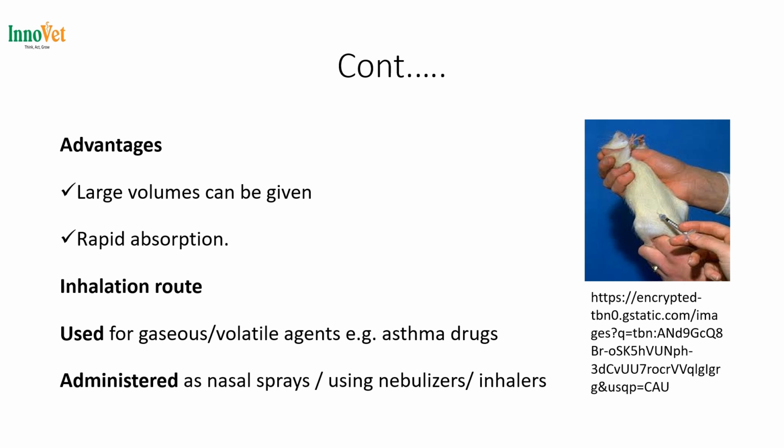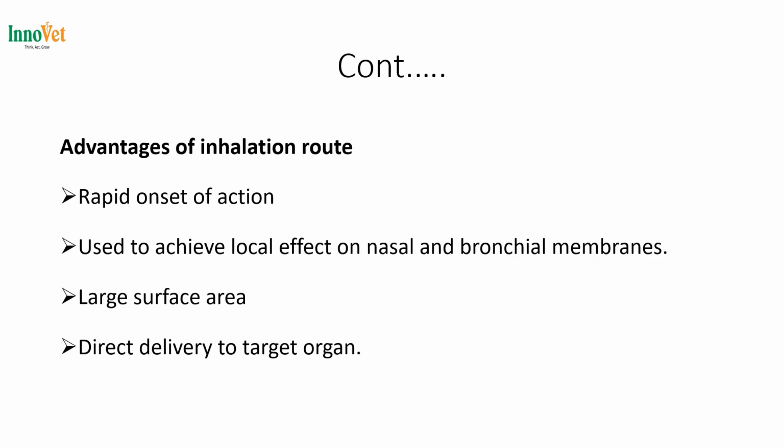Then the inhalation route. This is basically used for volatile drugs or those that are in gaseous forms, for example, the asthma drugs. And these ones are administered as nasal sprays, or we can use nebulizers or inhalers, depending. But this is an expensive one, but it has advantages in that there is rapid onset of action. Immediately they take it, the animal can really show the effects.